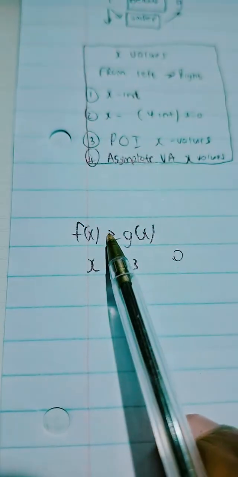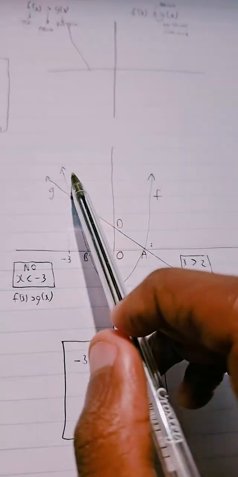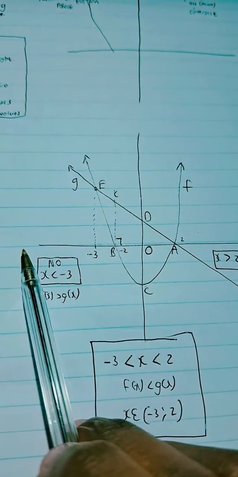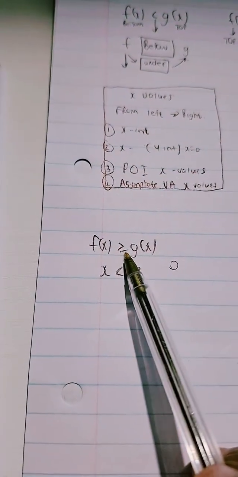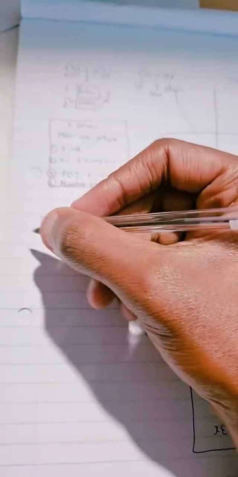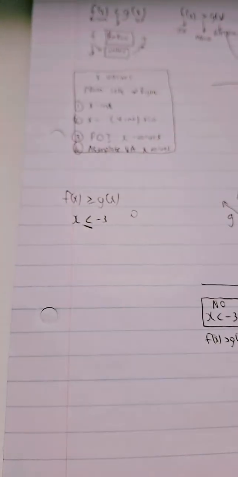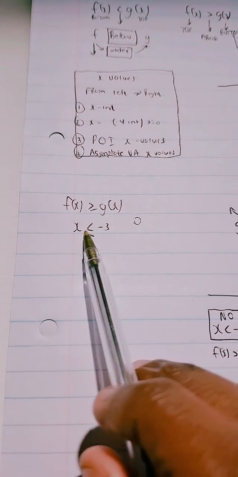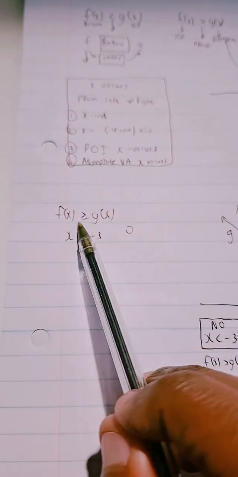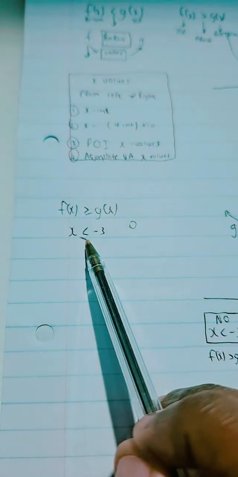That's where f of x is greater than g of x. In other words, f is above g where x is less than negative 3. F is equal to g of x exactly at negative 3. So I would say as well as equal: x is less than or equal to negative 3. That's where the function f is above g, but also on g.